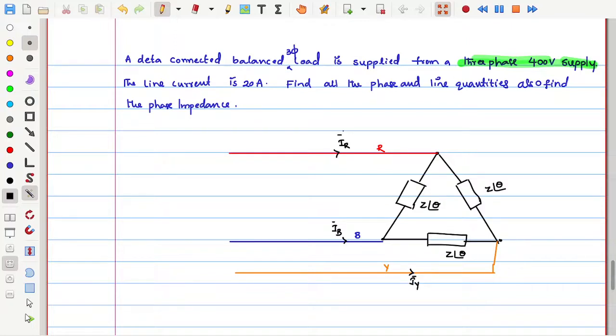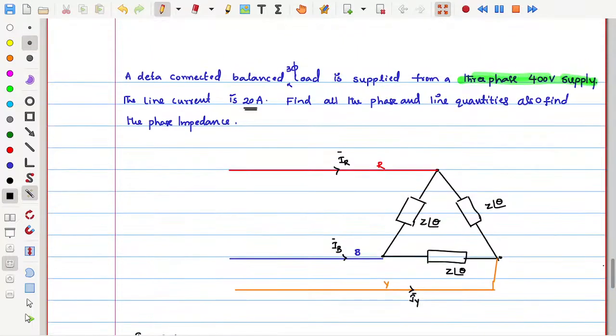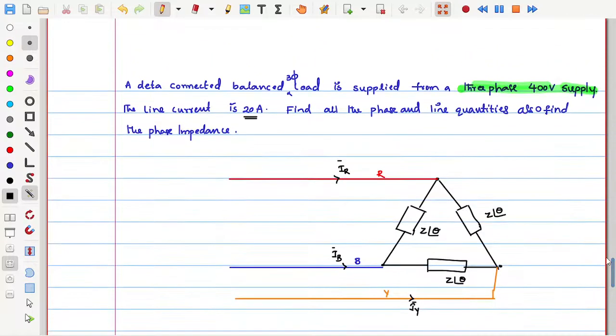They have given the line current as 20 amperes. Only the magnitude is given. What else is known? The voltage. Which voltage? Three phase 400 volts, what does it mean?